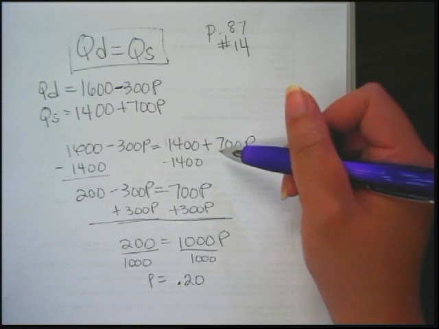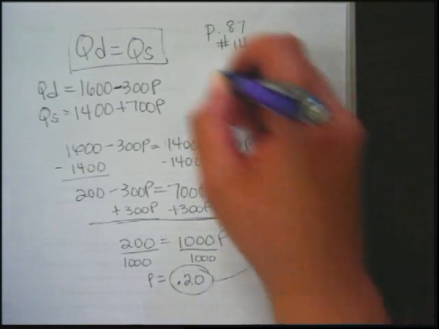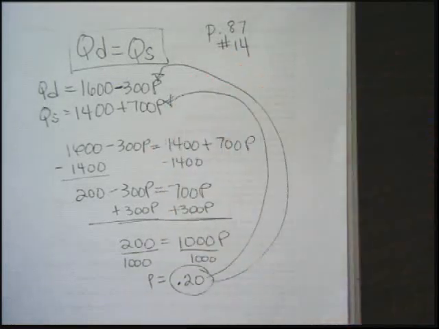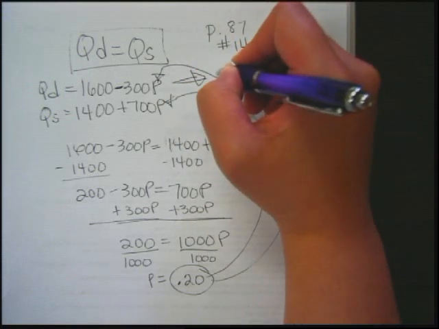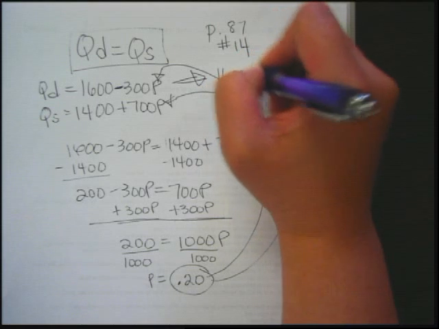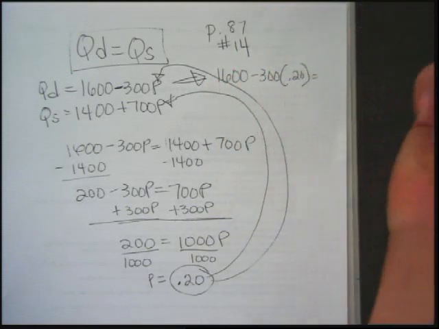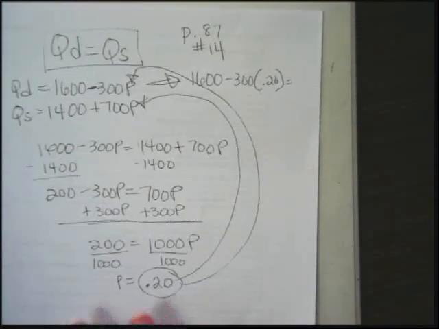Okay, and what can you do to solve for q? Plug it back in here, and then you can double check yourself by plugging it back in here. Okay, so if we were to plug 20 cents in there, quantity, what do y'all get? 1540.